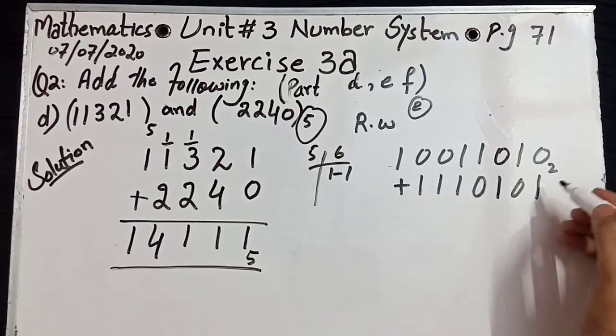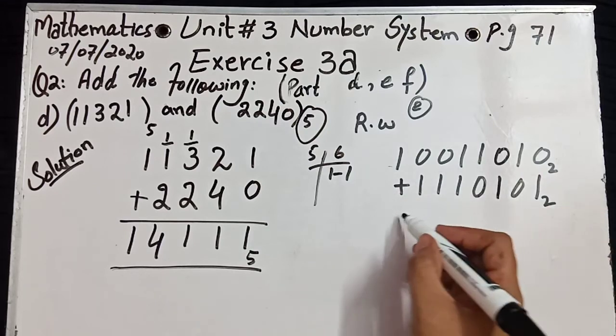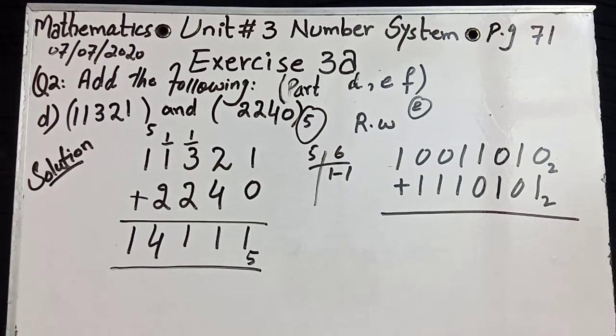Okay, check your question one more time. 1010111, 0101101. Now we add them.